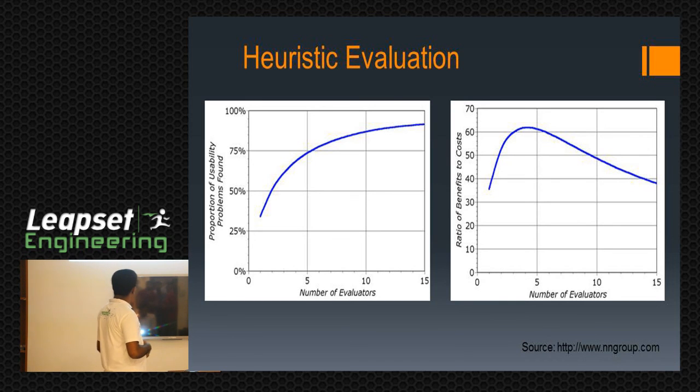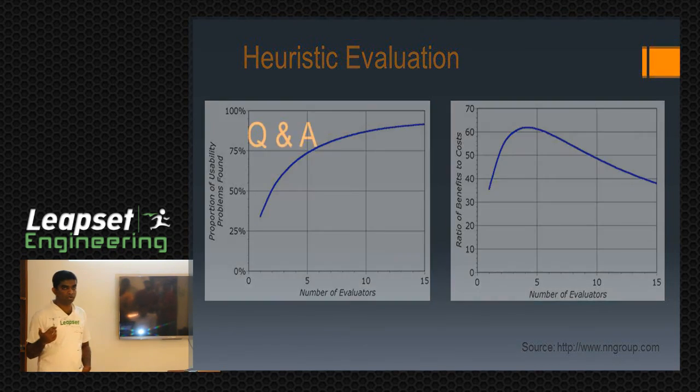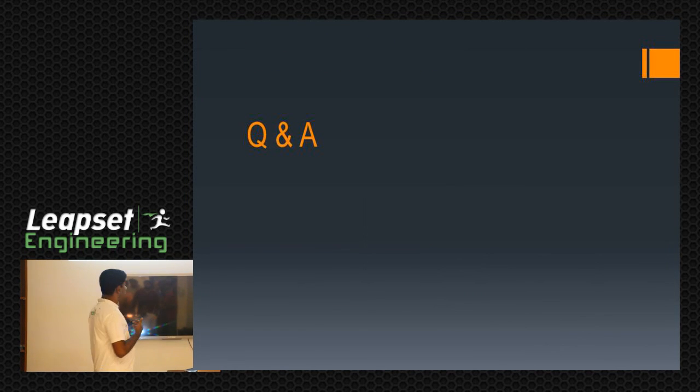So as per the Nielsen Norman Group, the best number of evaluators is 3 to 5. Using 3 to 5 users, you can find more than 75% of your usability violations.